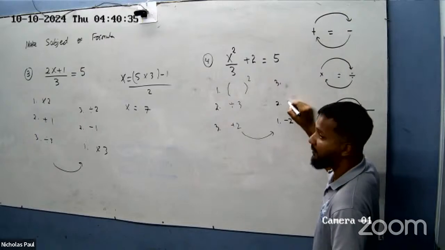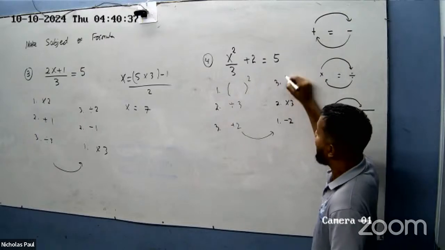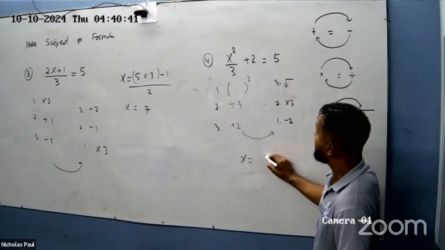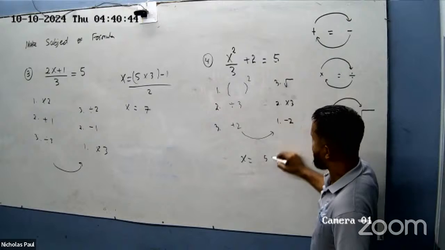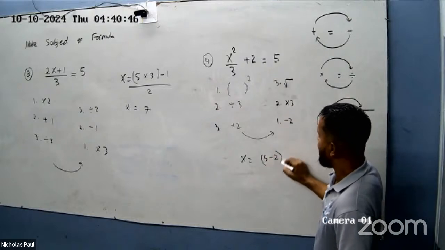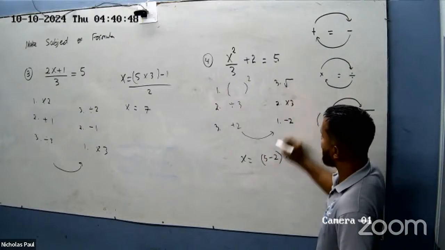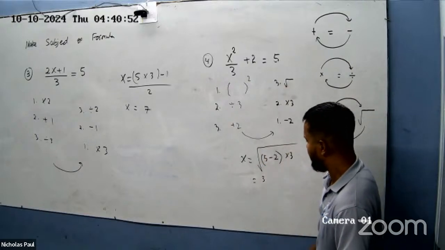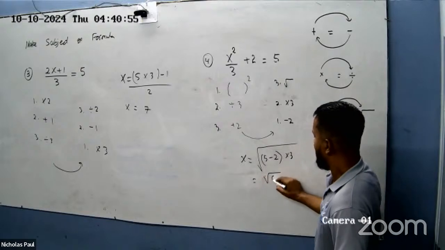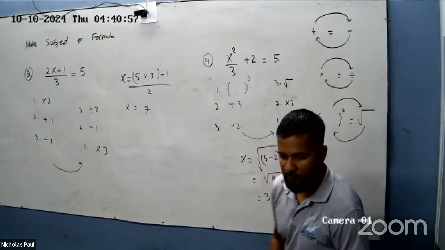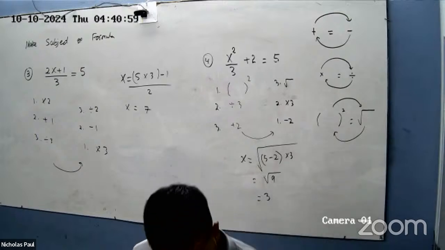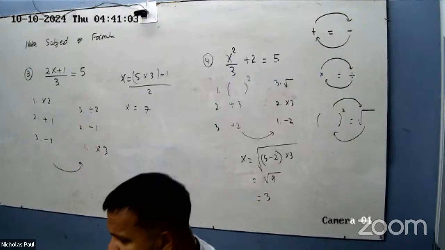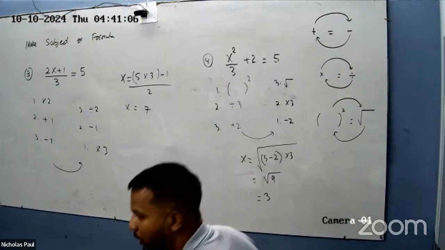Minus 2, then multiply by 3, then square root, and you're done. So 5 minus 2, when you're done, multiply it by 3, and then square root the whole thing. Square root of 9, x is 3. That's good.